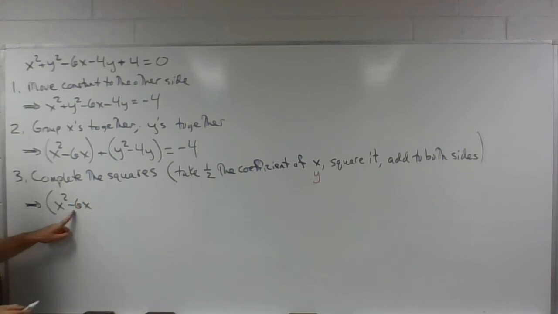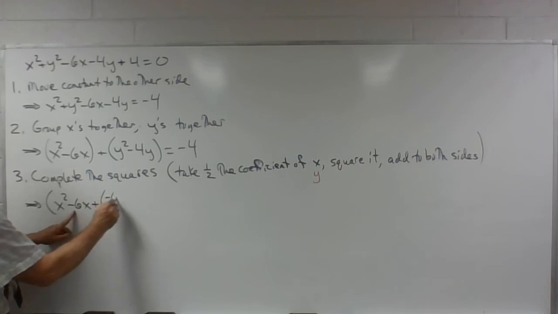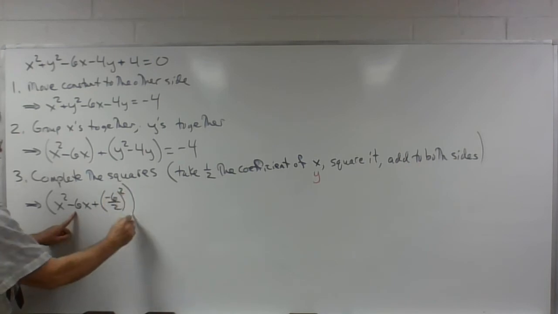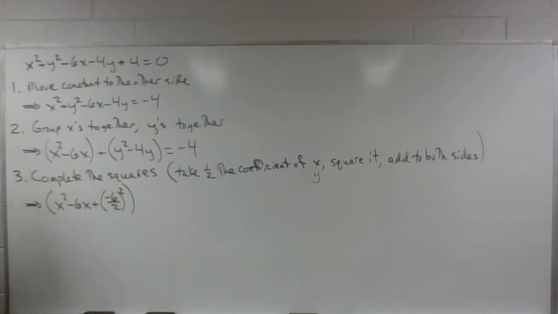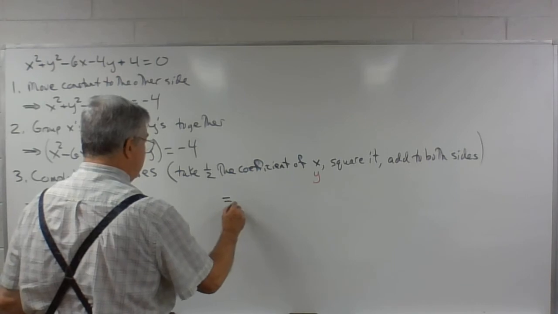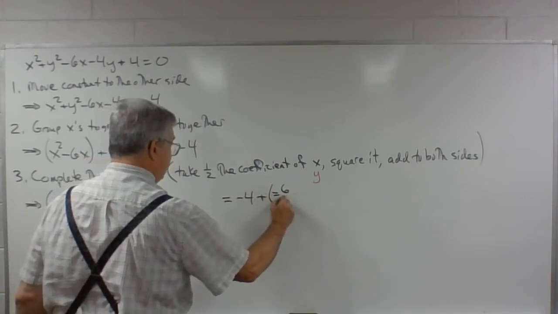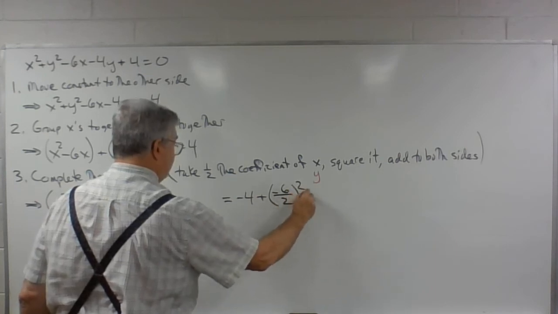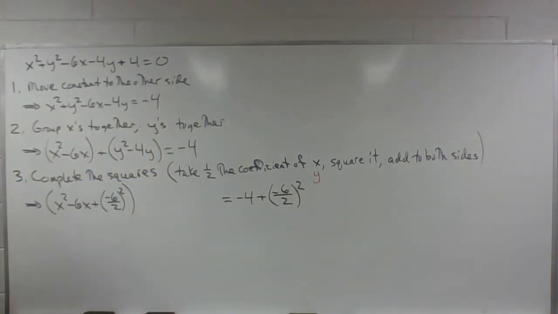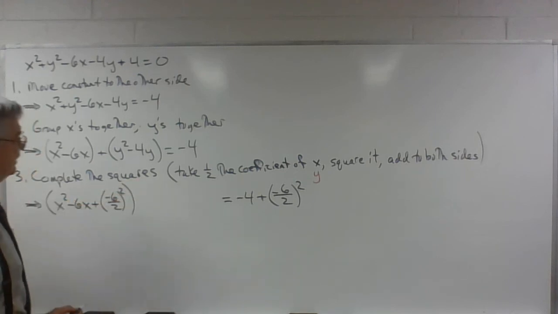The coefficient of x is -6. I'm going to take 1/2 of that, -6/2, and I'm going to square it, and I'm going to add it to both sides. 1/2 the coefficient of x, -6/2, square it, add it to both sides.